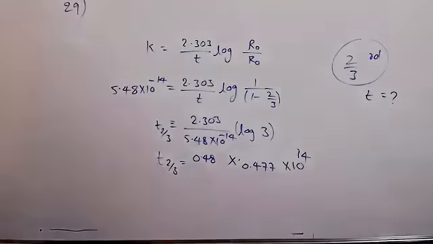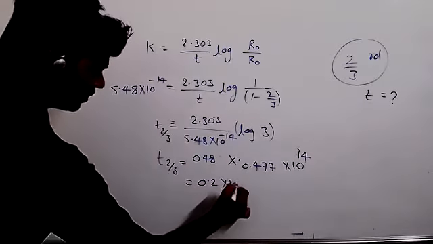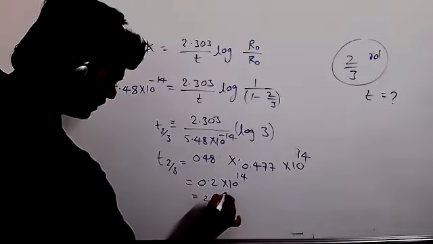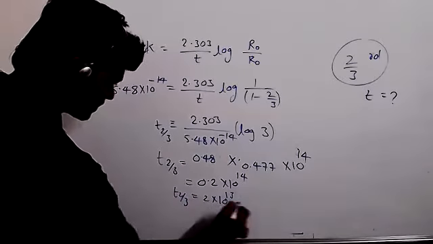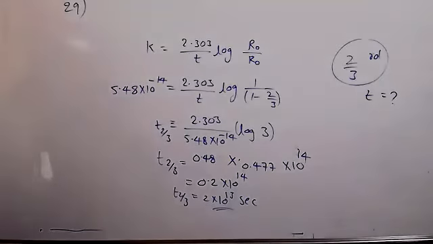Multiply this and this. This is giving 0.2 into 10 power 14, so 2 into 10 power 13 seconds. Which option? Yeah, first option is correct.